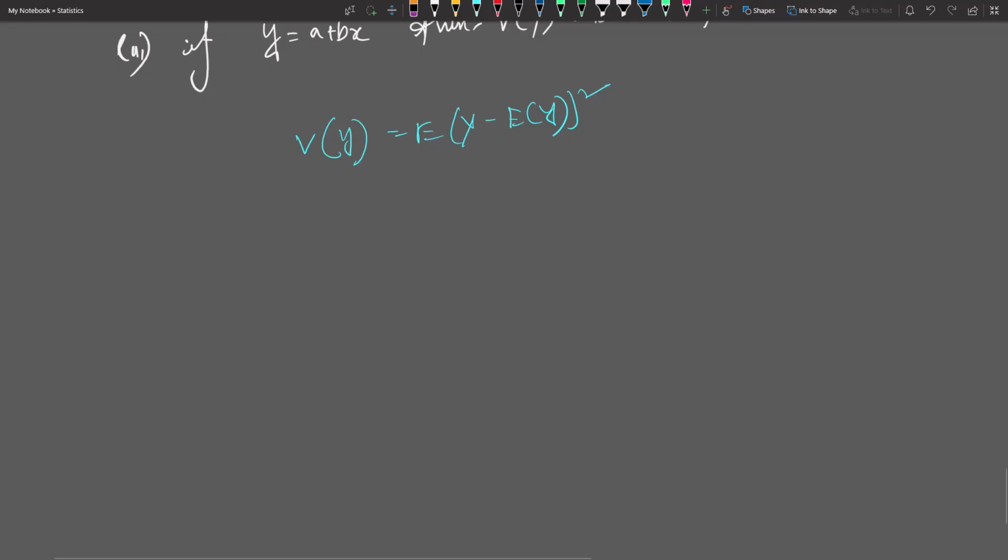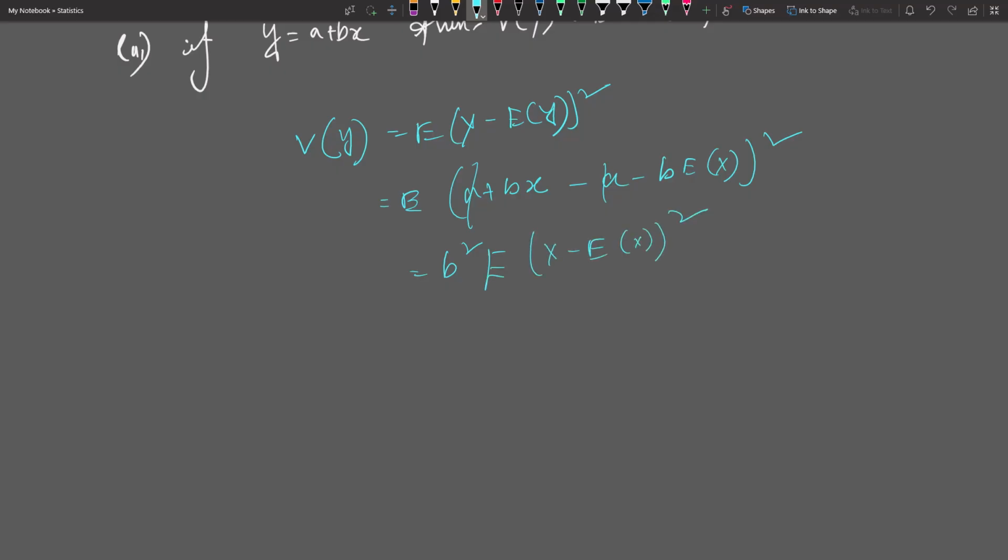So this will be E of x, a plus bx minus a minus b expectation of x, square. This will cancel out, and this will be variance of y is equal to b square variance of x.